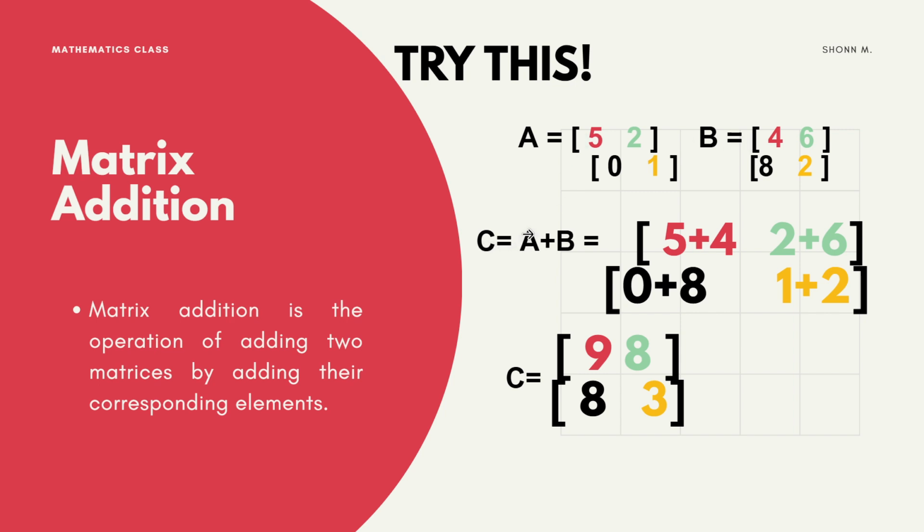So C is equal to matrix A and B, 5 plus 4, 2 plus 6, 0 plus 8, and 1 plus 2, which concludes matrix C is equal to 9, 8, 8, and 3. So this is our resulting matrix, and we have a simple rule. Just add the corresponding elements.